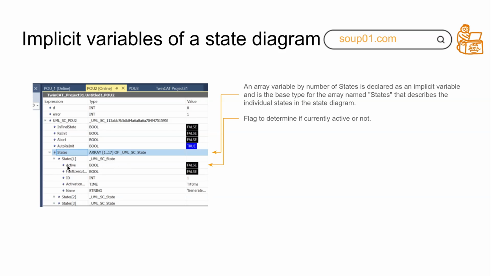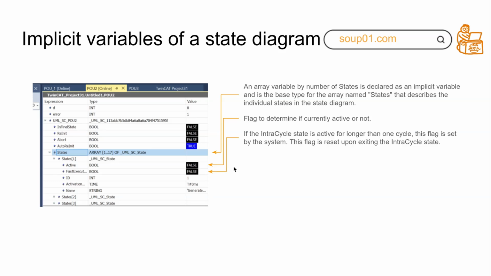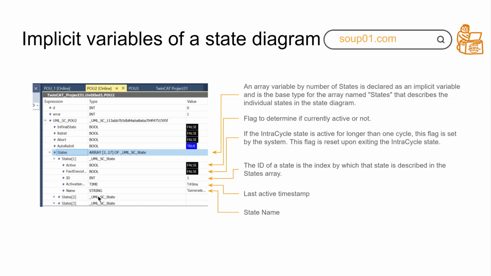For example, in each state you have Active, a flag to show you whether the current state is activated or not. Sorry, actually I don't know this option very well, so I need to try and test it again. And this ID is the index of the state, which is described in the state array. And here is the timestamp of each state. So the name is state.name.